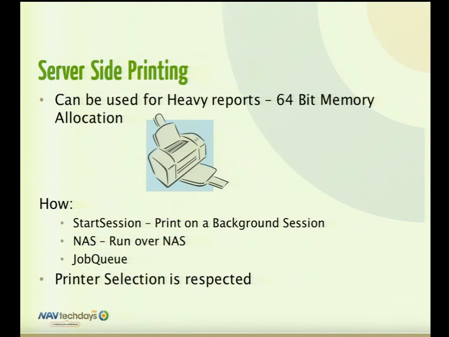Similarly, you can use the new NAS, which is another background session, or you can also use the job queue. So you can set a report to print over job queue, which will print it as a background session, and it will be printed on the server. And in all these cases, your printer selection is going to be respected.